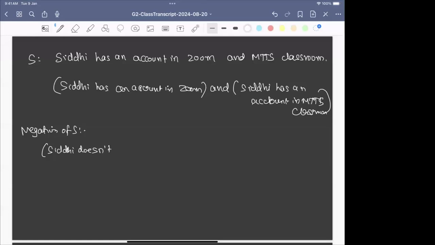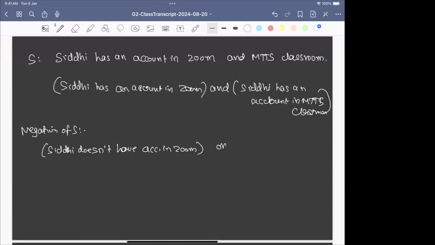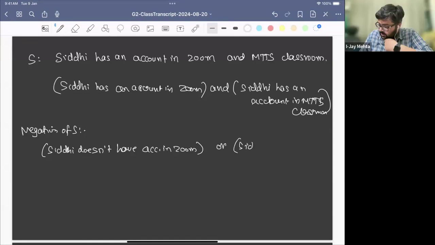So it's again a combination of two statements. Siddhi doesn't have an account in Zoom, or Siddhi doesn't have an account in MTTS classroom.